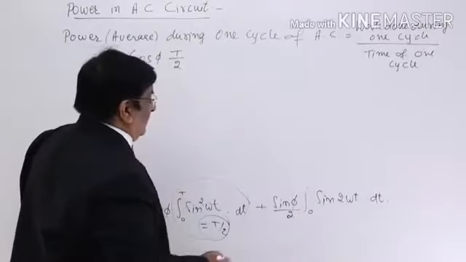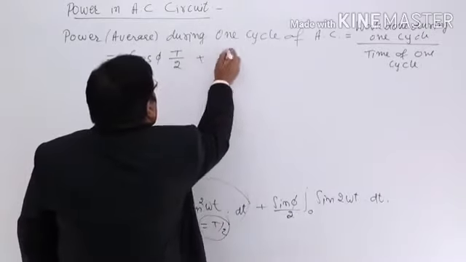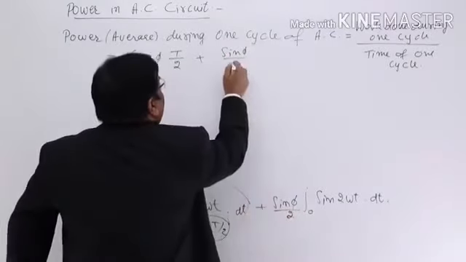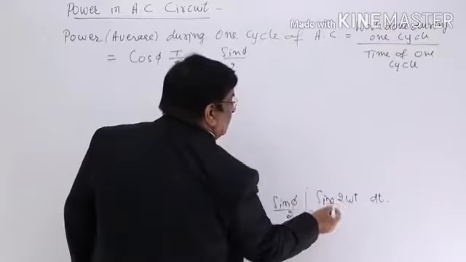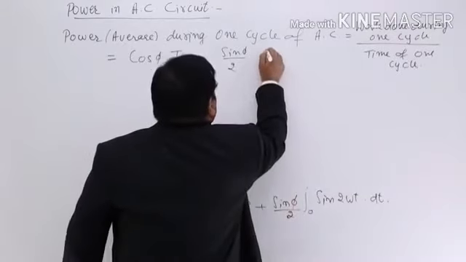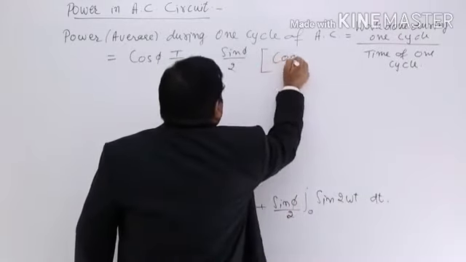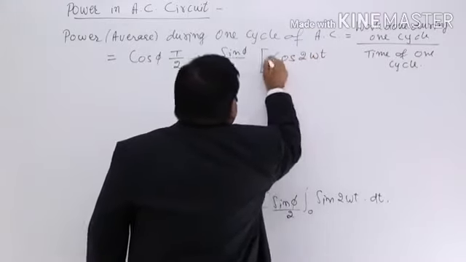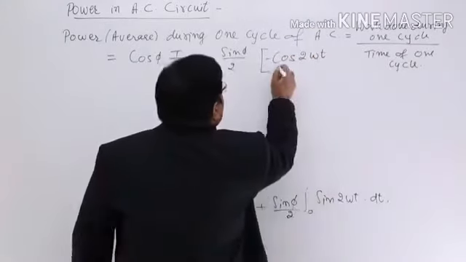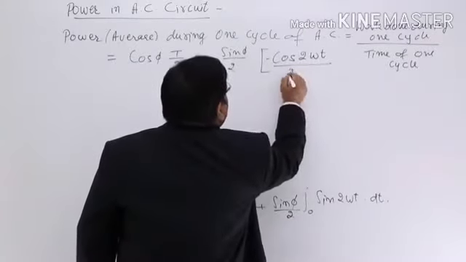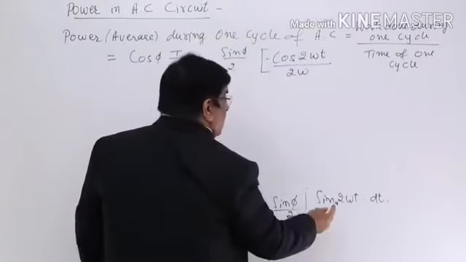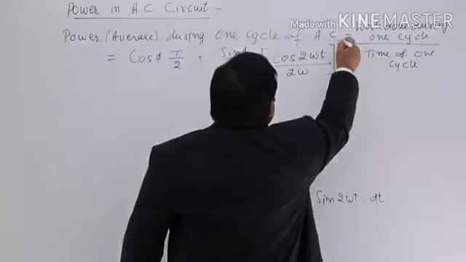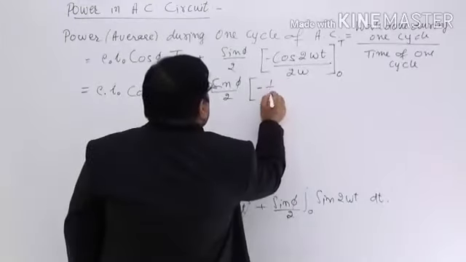So this is T by 2 plus sine phi upon 2. Integration of sine theta is equal to minus cos theta, so we will write cos 2 omega t divided by 2 omega, with limits 0 to T, minus 1 upon 2 omega.